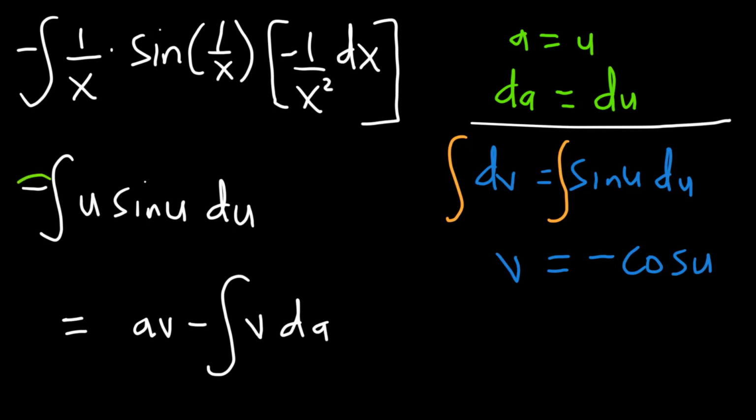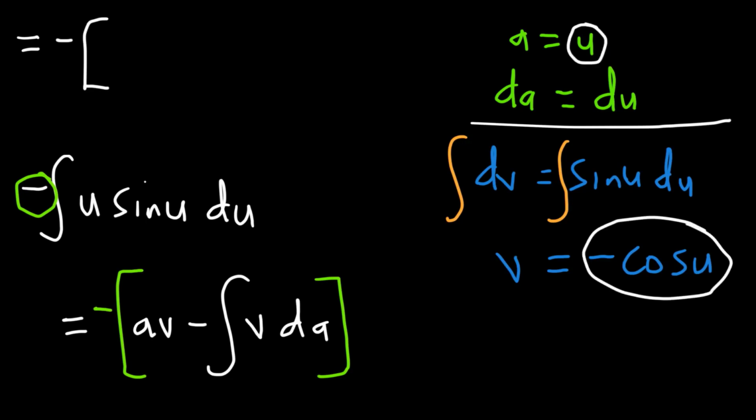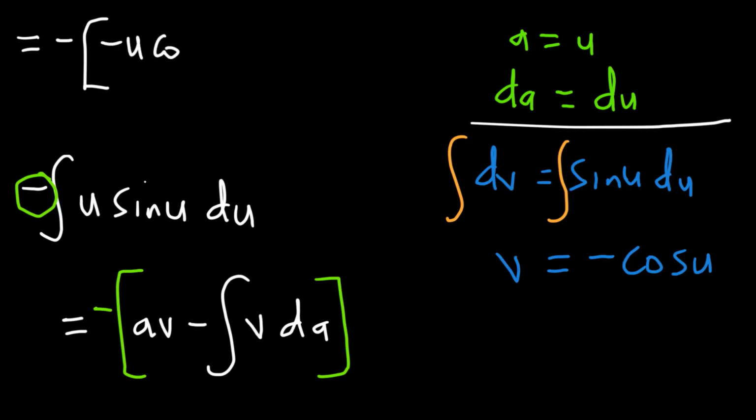But since we have a negative on our integral, we shall also multiply this by negative. So this will be equal to negative into, now fv is the same as u times negative cosine u. So this will be negative u cosine u, and then minus the integral v is the same as negative cosine u, and then dA is equal to du.